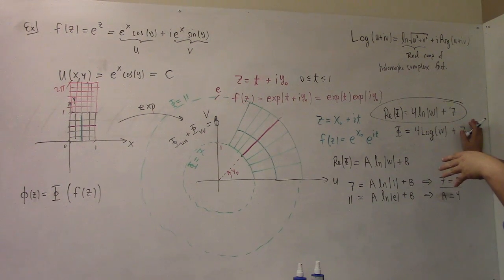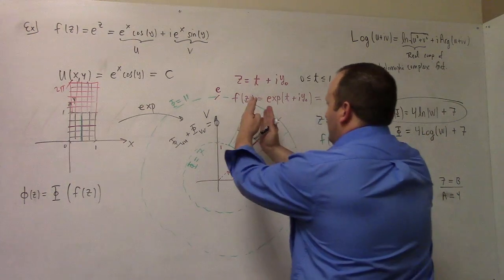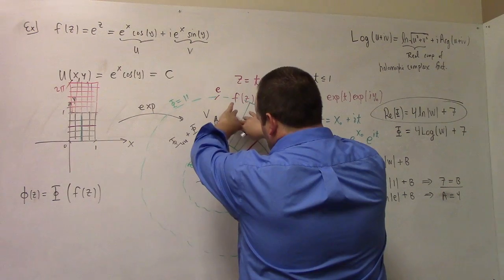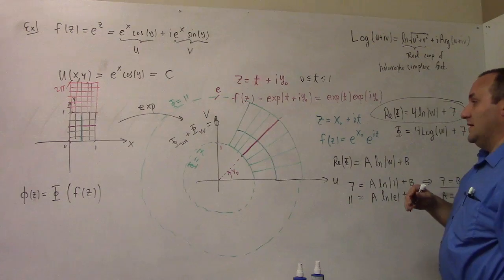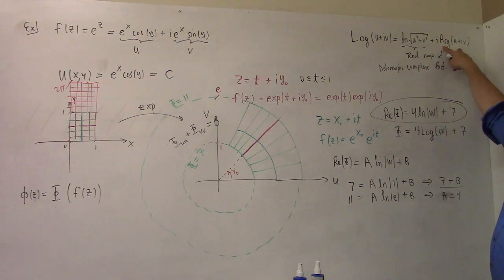You can't go all the way around because there's a discontinuity in the arg. If I try to go full circle with arg, I run into the 0 going to 2 pi. I get the discontinuity. Discontinuous functions are hard to differentiate. But anyways, for a slit annulus, you can pick whatever angle and whatever slit annulus you like. The imaginary component of this thing, which is 4 times that, will be a solution to Laplace's equation.